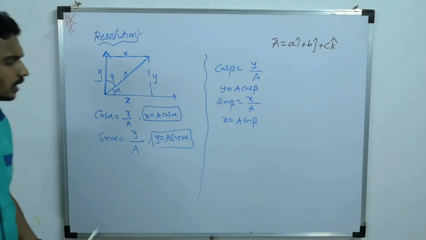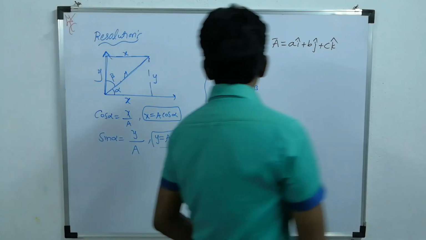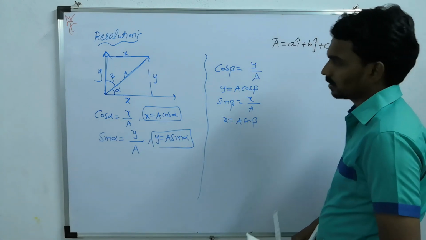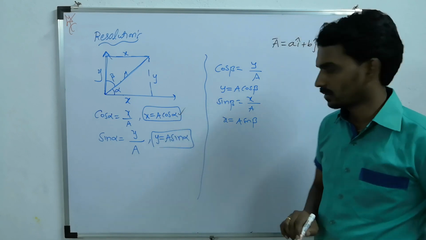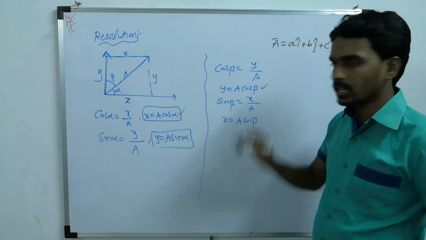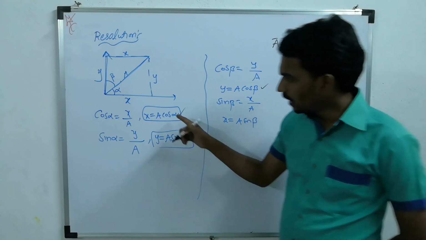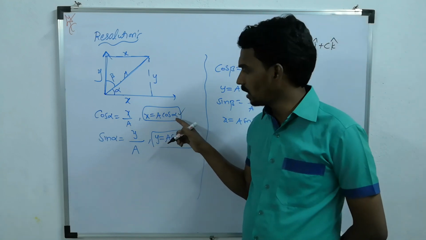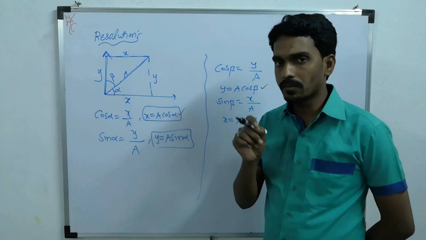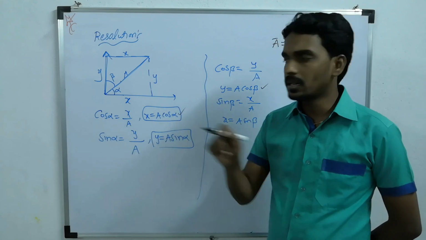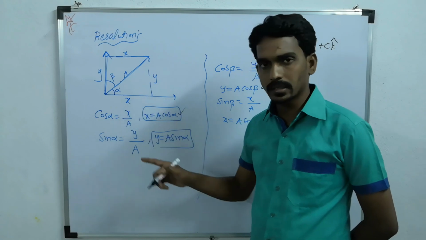So here, try to understand carefully. X is cos here, y is cos here. When you consider alpha, alpha is the angle made by the vector with the x axis.